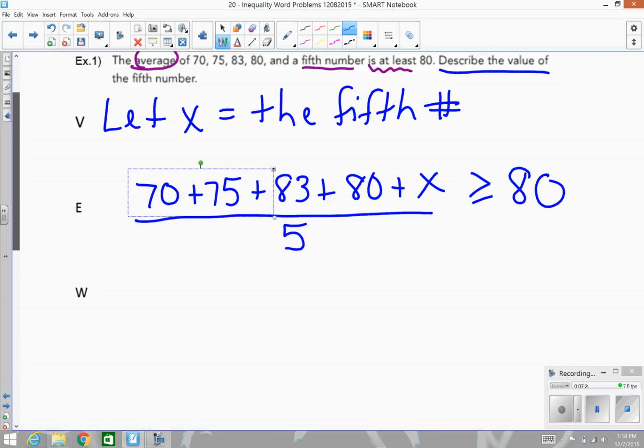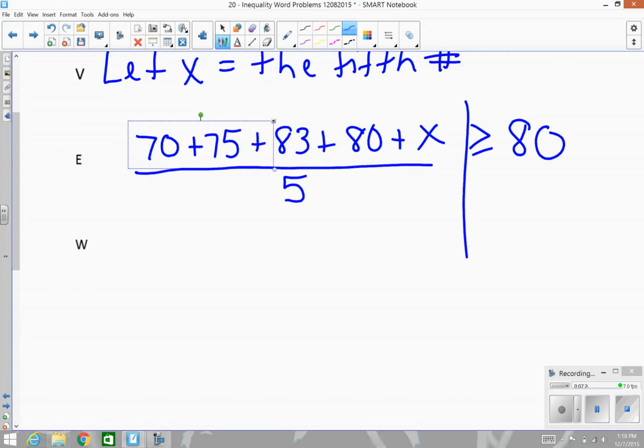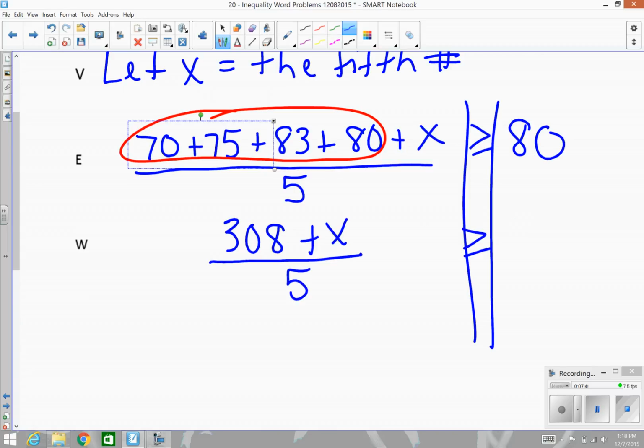Now all that's left is to show our work, to solve our inequality. So we're going to draw a river on our inequality sign, and we're going to start by simplifying or combining like terms. When I add all those constant terms up, we should get 308 plus the x, still all over 5, is greater than or equal to 80.